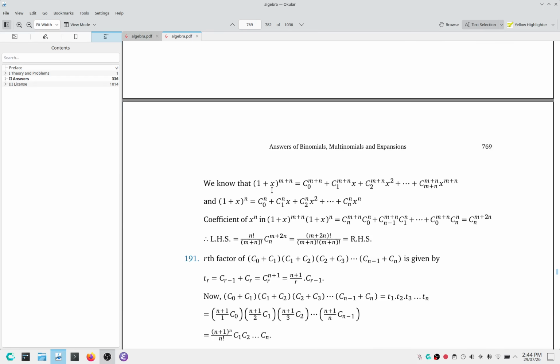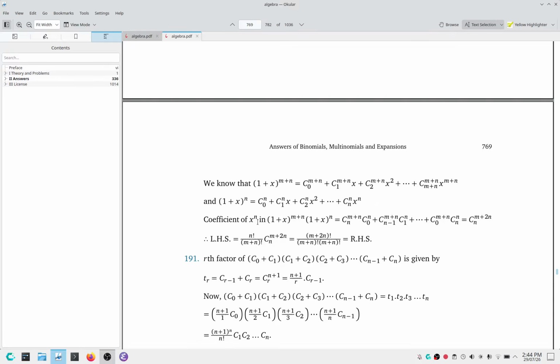Now we know that (1 plus x) to the power m plus n is equal to (m plus n)C0 plus (m plus n)C1 x plus (m plus n)C2 x square and so on. And (1 plus x) to the power n is equal to nC0 plus nC1 x plus nC2 x square and so on.